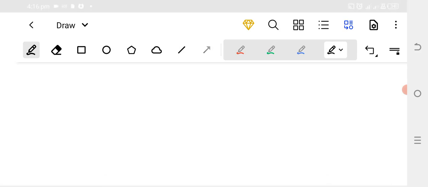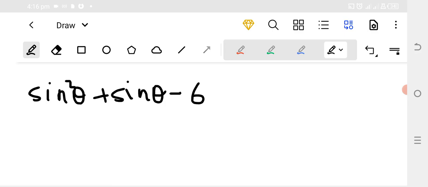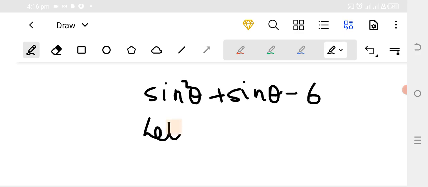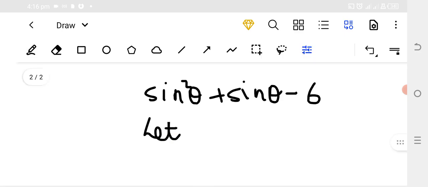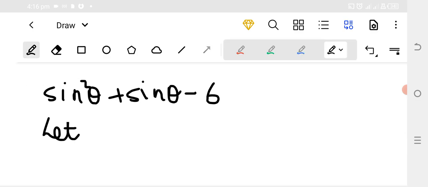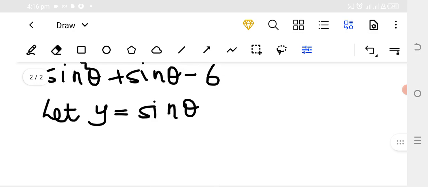If you think of it, we had sine theta squared plus sine theta minus 6. Then you say let, we can say any letter. In my case, I'm going to say let y be equal to sine theta. We use x too much, right? Let y be equal to sine theta.